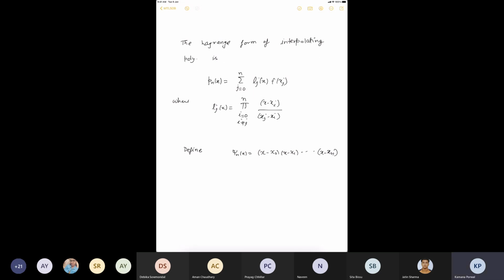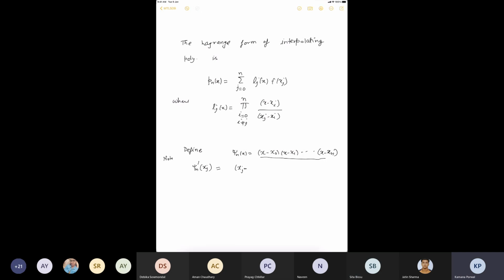Now you have to tell me what happens if I take the derivative, psi_n prime, and evaluate it at some fixed xj. What will I get as an output? All terms will be zero, only one term will remain, that is xj minus x0, xj minus x1, and so on.